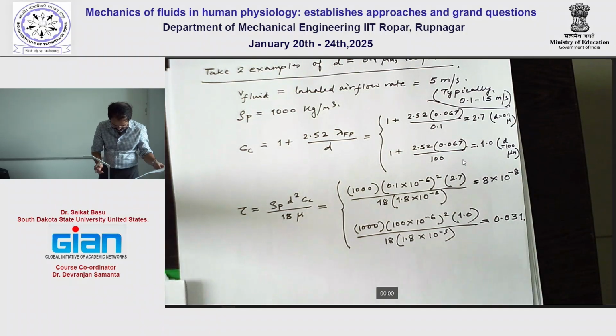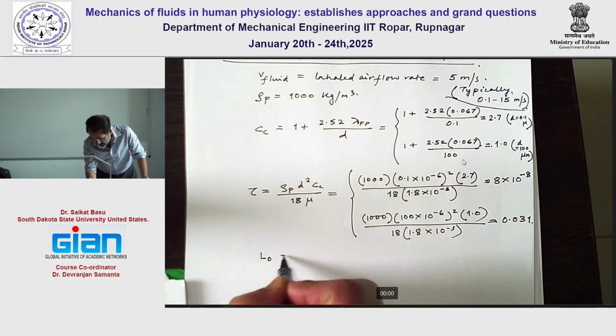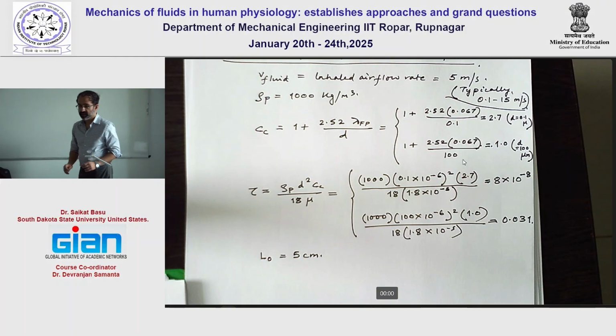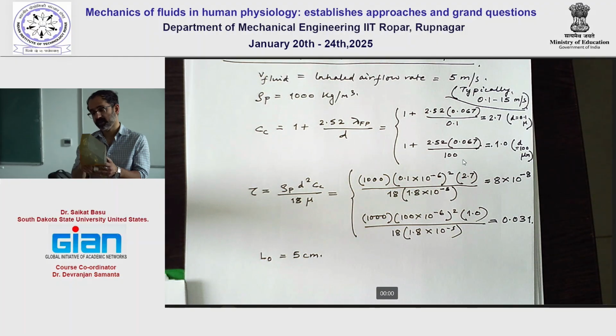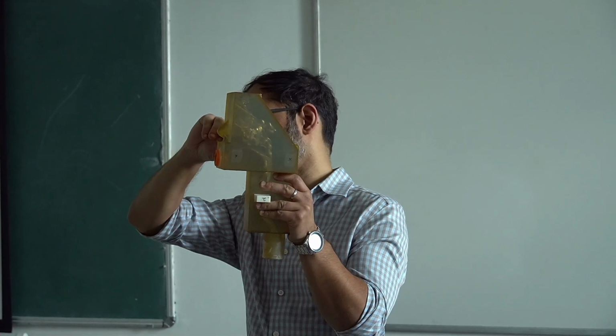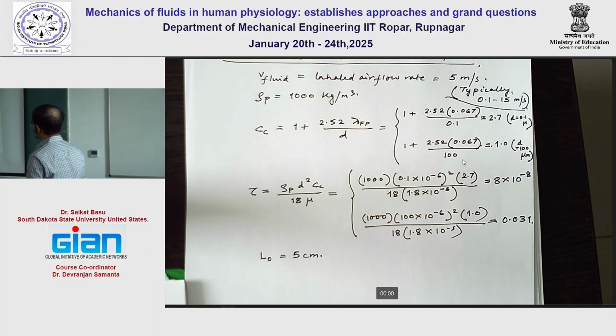So the value that I'm going to use here is L0 to be 5 centimeters, which looks like a fairly reasonable estimate here, because if this is being approximated as a circle, that being the radius as 5 centimeters, it seems reasonable to me. But precisely, you can probably take something which is closer to whatever the actual value is.